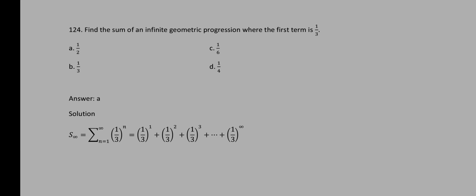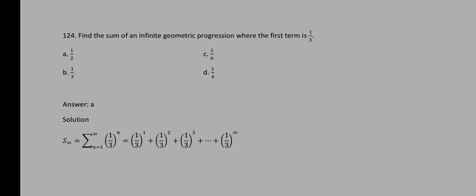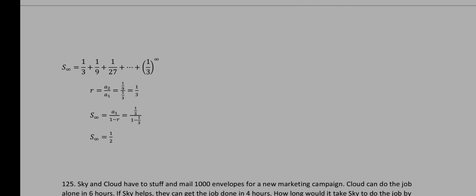R is equal to A sub 2 over A sub 1, your common ratio, 1/9 over 1/3, which is equal to 1/3. Then S infinity, the sum of the infinite geometric progression, has the formula A sub 1 over 1 minus R. Substitute: 1/3 over 1 minus 1/3. You get a sum of 1/2.